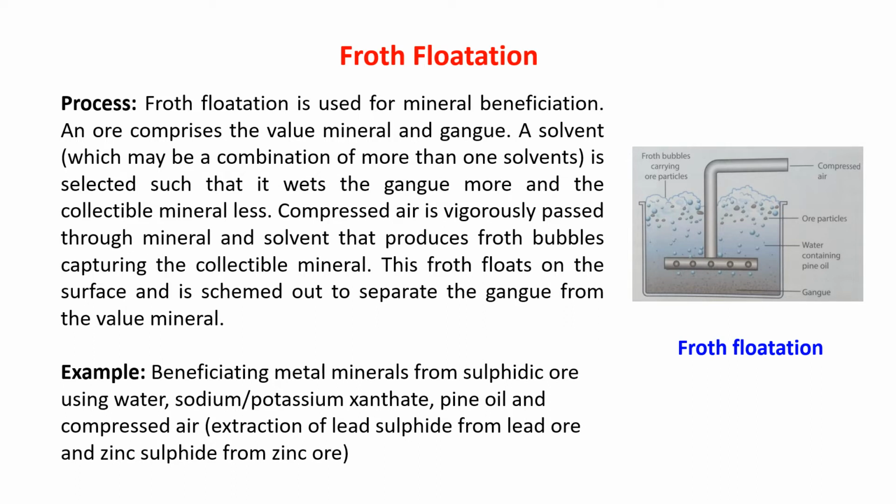Different types of ore are available. Sometimes oxide ore, then sulfide ore. So many types of ore are available. From those ores we are getting the minerals. So froth flotation is one of the ways for mineral beneficiation.